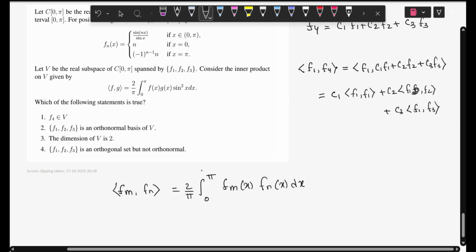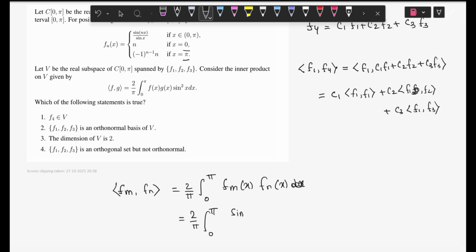Now as these are the 2 points where the function is changing, I can write 2 by pi integration 0 to pi, and the value of fm(x) we can write as sin square x times sin mx by sin x, times sin nx by sin x, times sin square x dx. Okay? Now I can cancel the sin square x with these two terms.